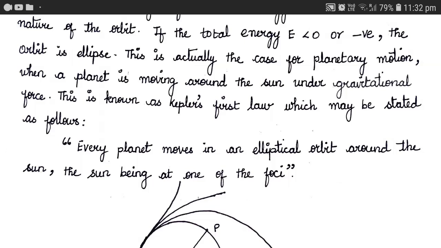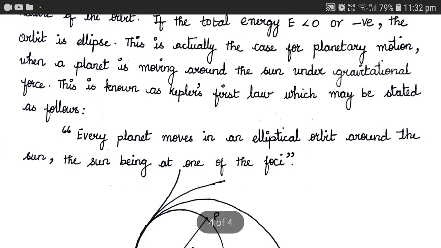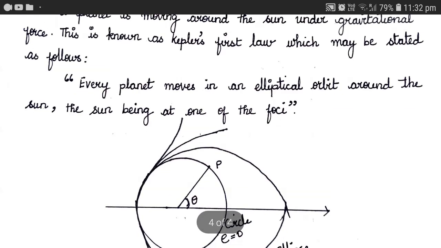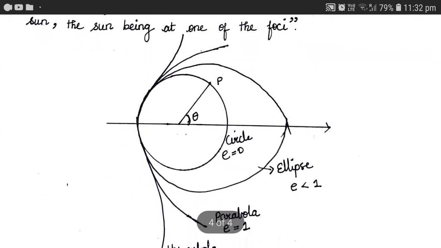This is what we call Kepler's first law, the most celebrated basic law which helps us understand planetary motion. It is stated as: every planet moves in an elliptical orbit around the sun, with the sun being at one of the foci.